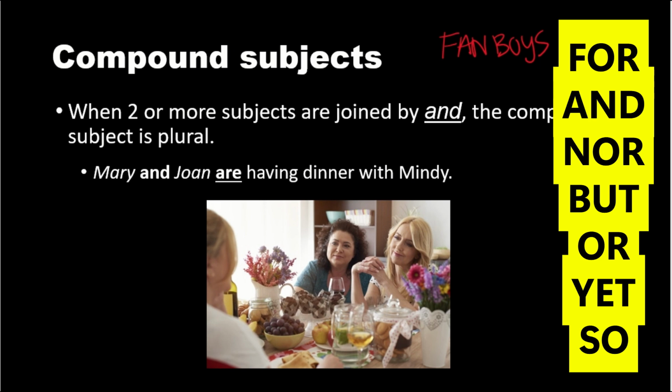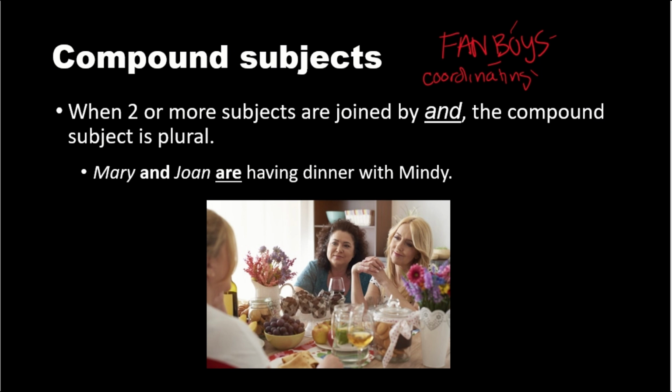So we have for, and, nor, but, or, yet, so. Definitely make sure you look up coordinating conjunctions online if you don't know them already, and you need to become familiar with them, folks. Coordinating conjunctions too will help you a lot when it comes to rules about punctuation, especially the comma.